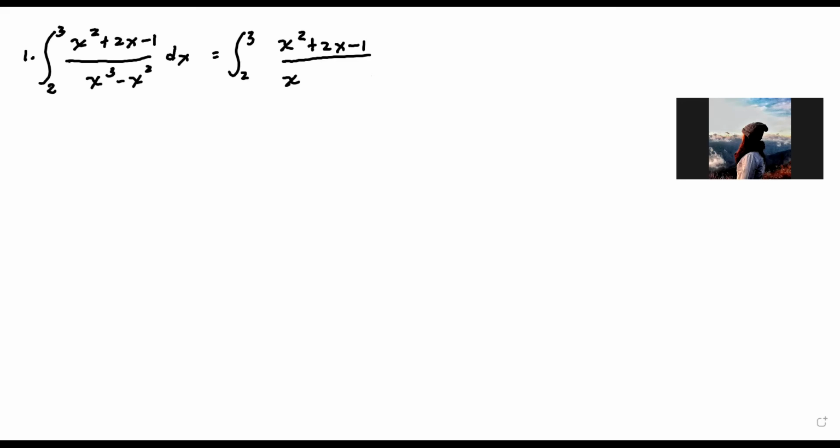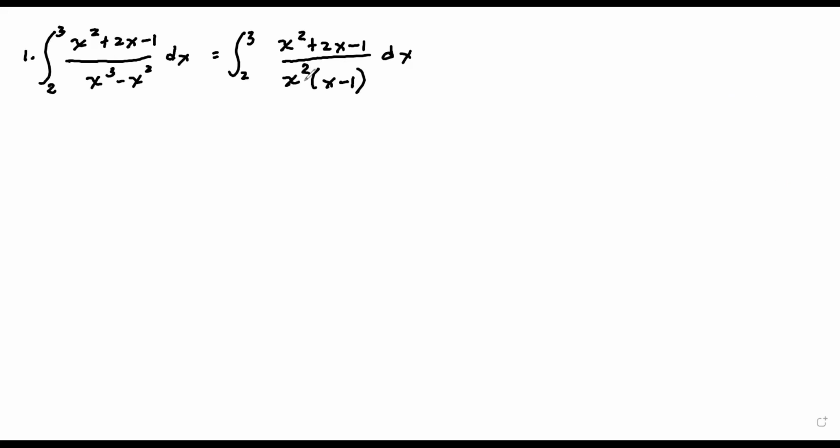And as you've noticed, we will have x times x again. Therefore, using case 2, this is linear and repeated factors. So we're going to use case 2.